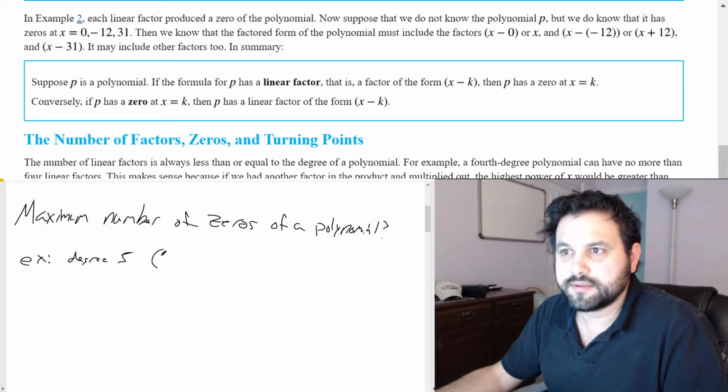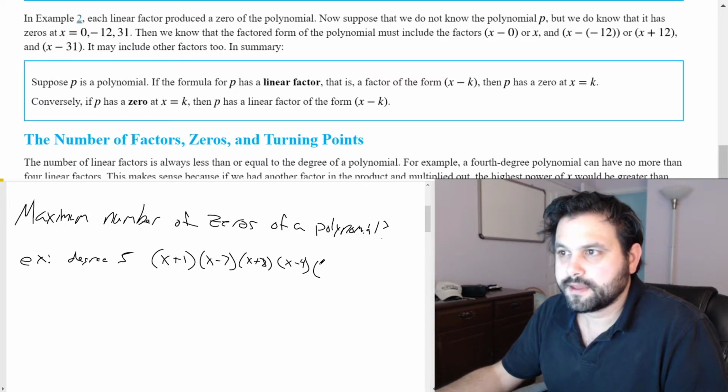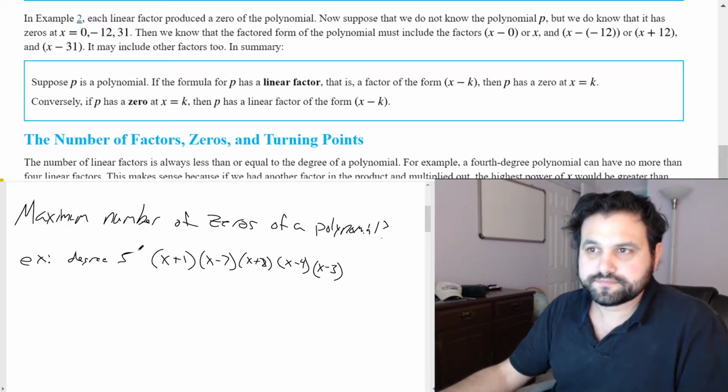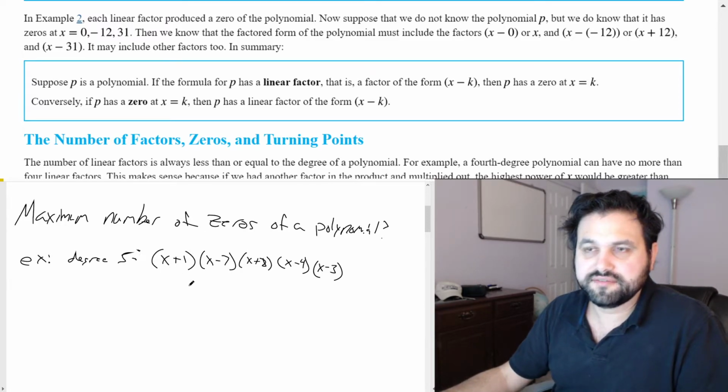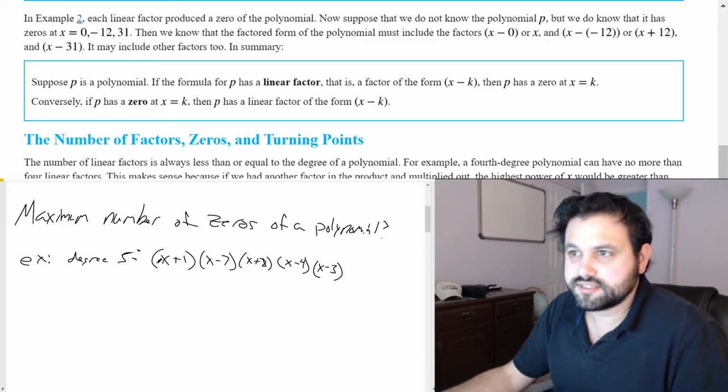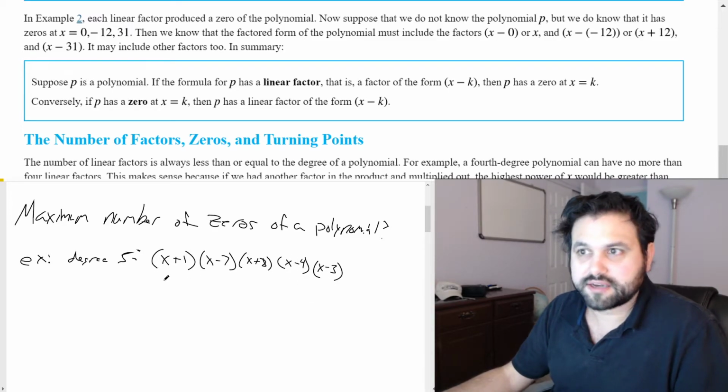So we could have x plus 1, x minus 7, x plus 8, x minus 4, and x minus 3. Okay, so this is a degree 5 in factored form because it's all 5 different linear factors.